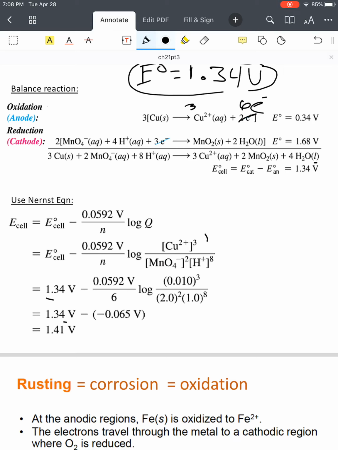Now we're also going to multiply that second reaction, the one involving the permanganate, by 2. So we'll have 2 MnO4, and we're going to have 8 H pluses. I'll have 6 electrons, 2 MnO2, and then we're going to have 4 H2O.